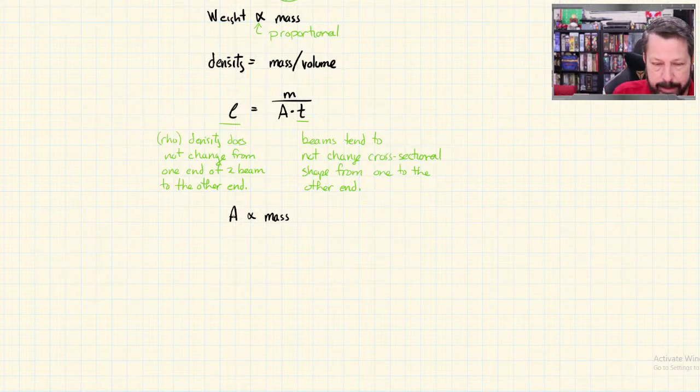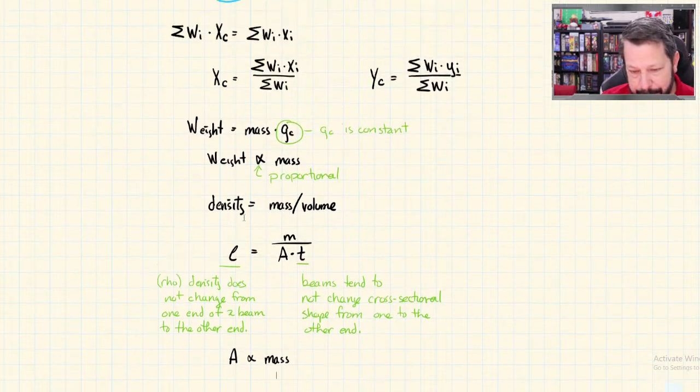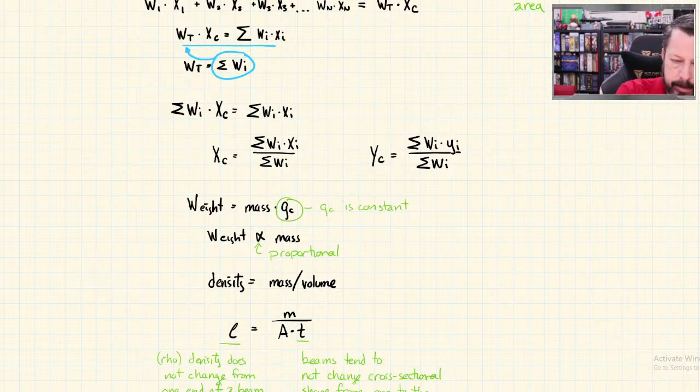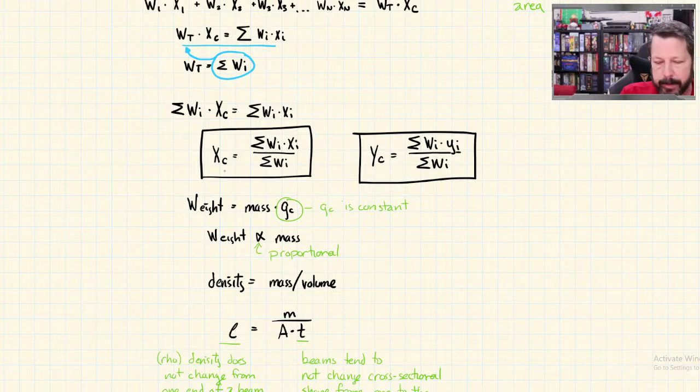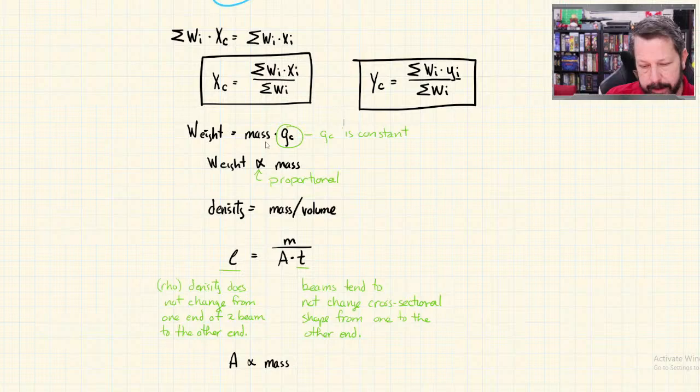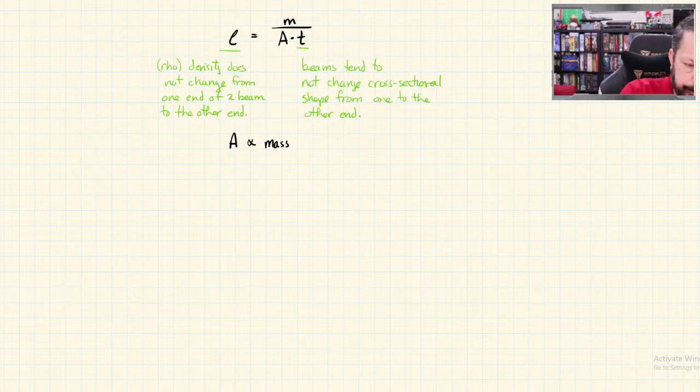So what I can do with that, and the whole point of this little thought process, is that I had equations here that were in terms of weight. Both of those equations are in terms of weight and this x sub i, y sub i thing. But the x's and y's are just distances. That's relatively easy to deal with. But if area is proportional to mass, and mass is proportional to weight, then I can replace the weight in here with area. So that's my whole point.